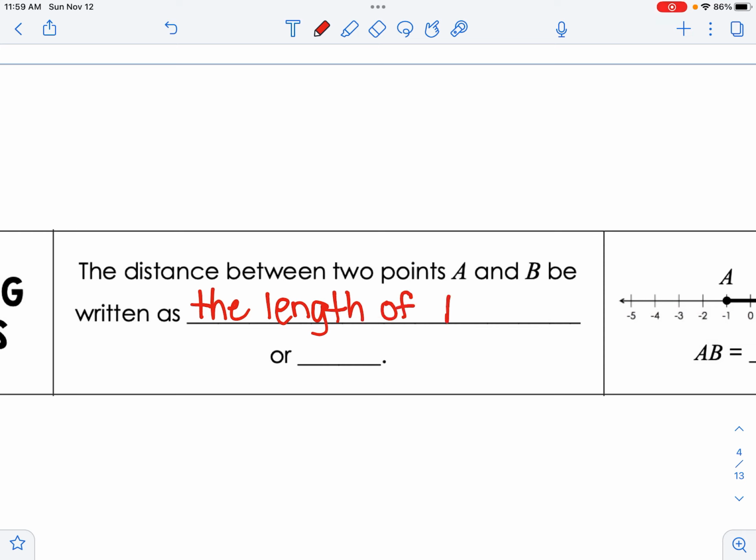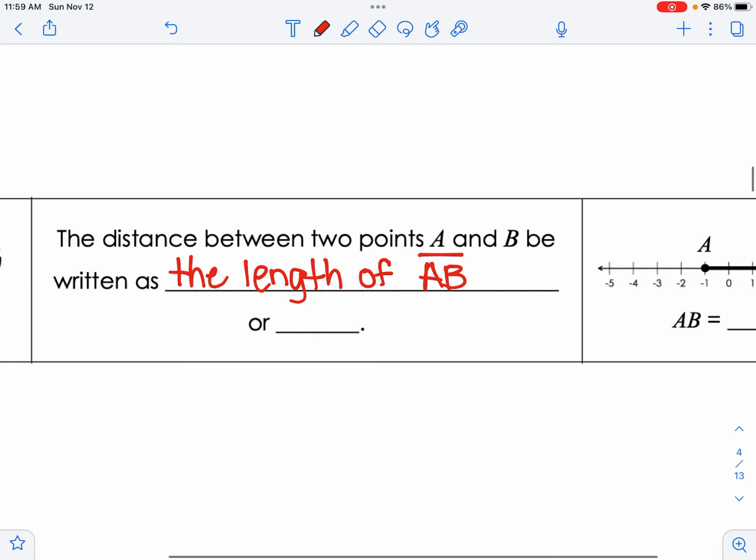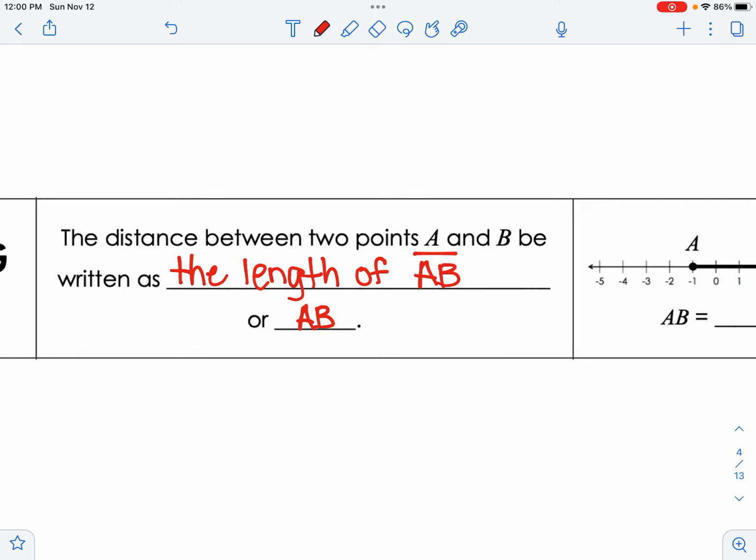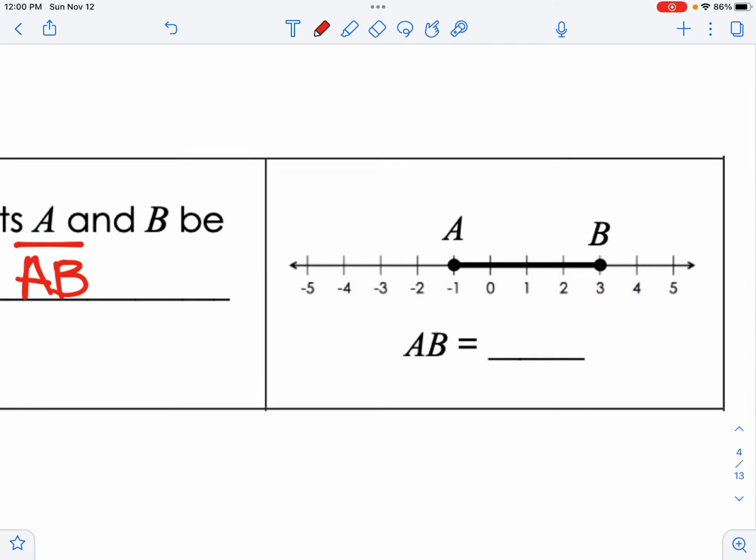Again, that's a segment, so we don't need the arrows. The shorter way of writing that is if we just write AB, with no line over it, that means the length of. So you'll see over here, it says AB without the line over it, and that means the length of.